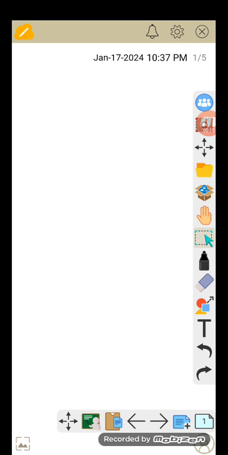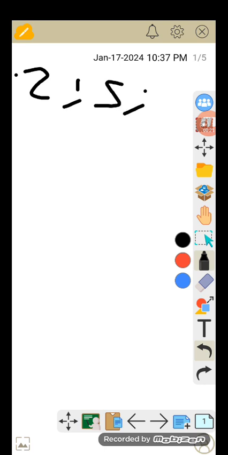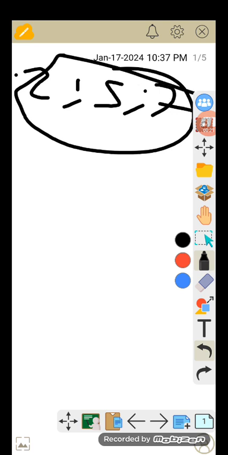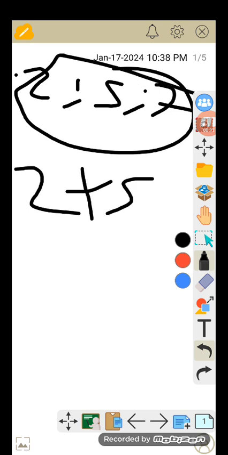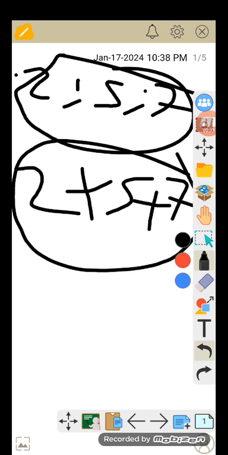Before we start, let me just draw my sequence. This thing is a sequence, you see guys, and this thing is a series, you see guys.